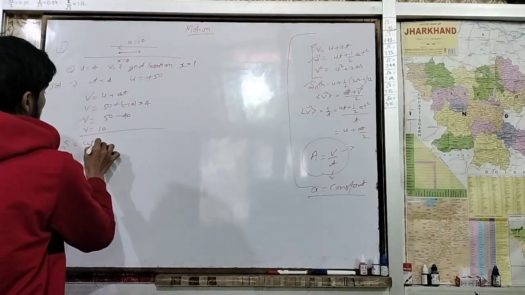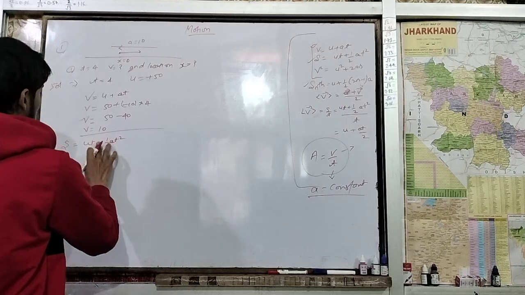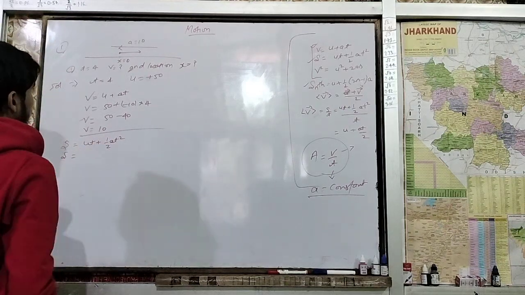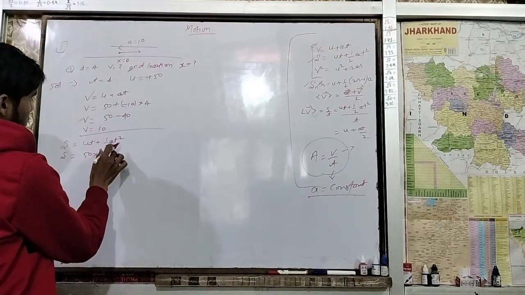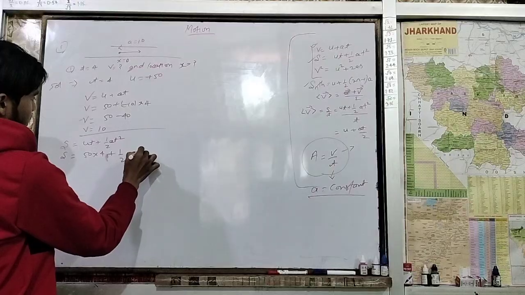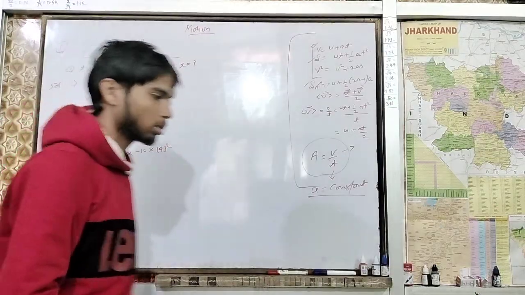So s will be equal to ut plus 1 by 2 at square. Here u is 50, t is 4, 1 by 2, a is minus 10, and t is again 4, raised to power 2.